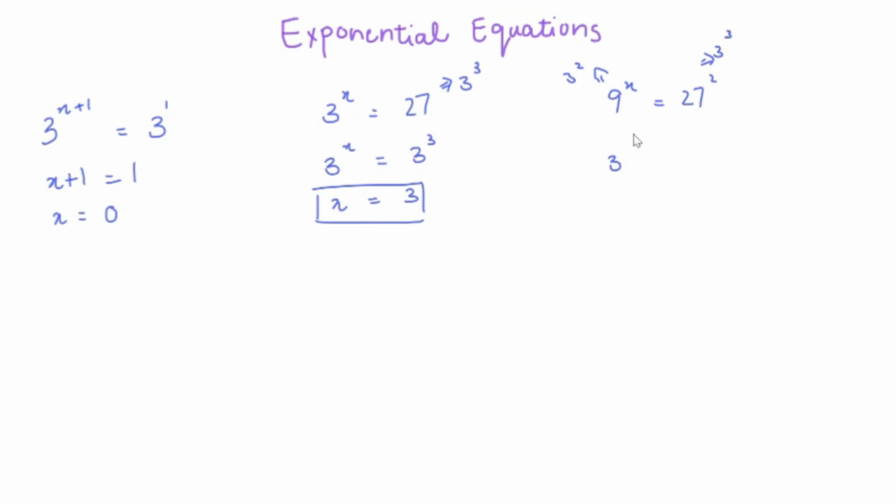We can write 3 squared in place of 9, and we can write 3 cube in place of 27, and our pre-existing powers would stay the same. Now we would simply multiply the powers. We would get 2x is equal to 6. Now our bases have become the same again, so we would just write the powers. We get 2x is equal to 6, and from this we can see that our x would be 3.